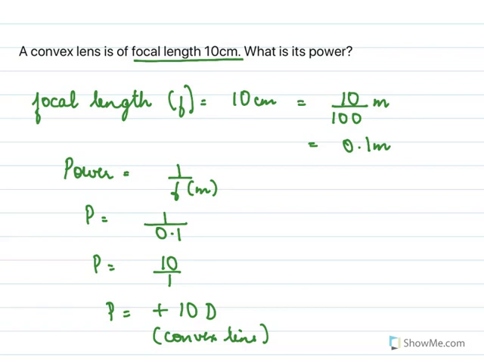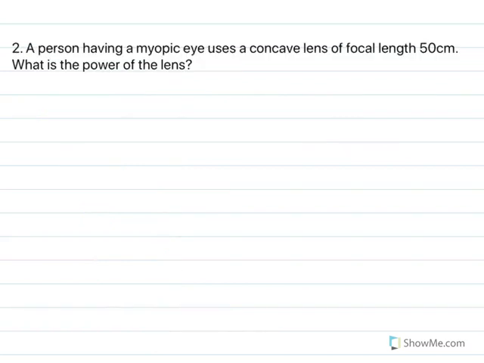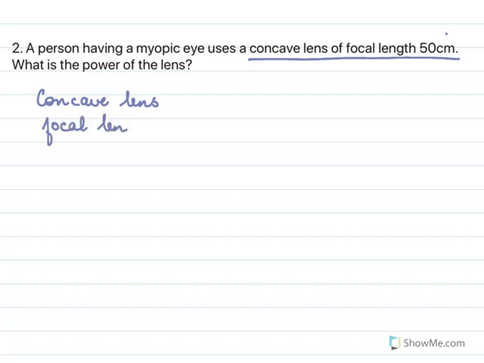A person having a myopic eye uses a concave lens of focal length 50 centimeters. So I'm dealing here with concave lens, focal length equal to 50 centimeters. Now concave focal length is always negative, so I put negative. And remember, when I'm calculating power, my focal length has to be in meters.